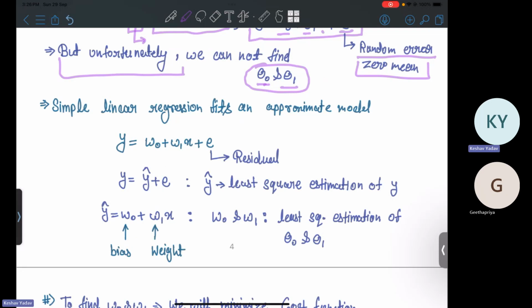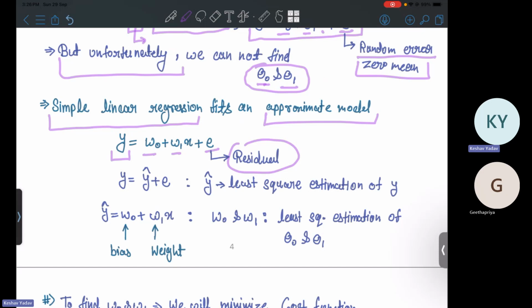So we will use the simple linear regression fit to approximate the model. We will assume y equal to w naught plus w1 x plus e. This e is the residual. So y can be written as y hat plus residual.